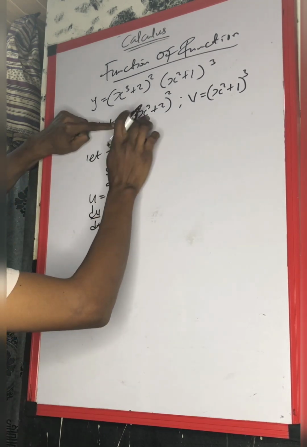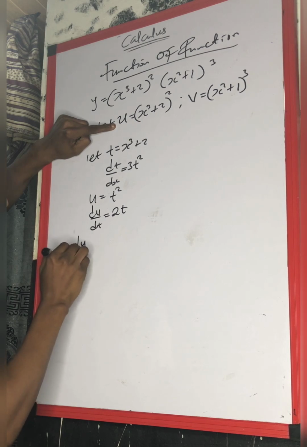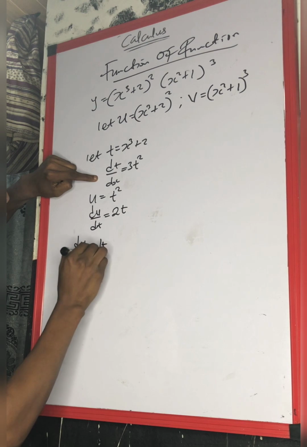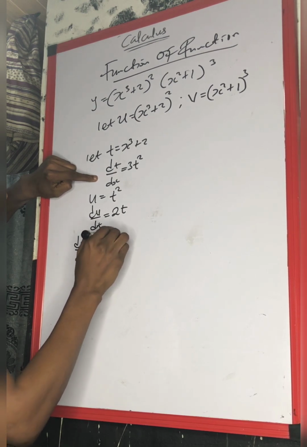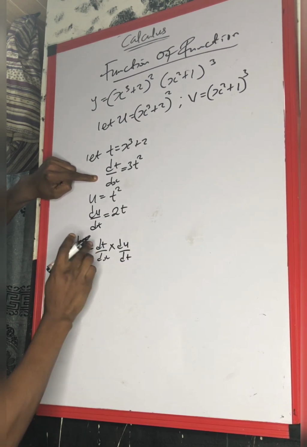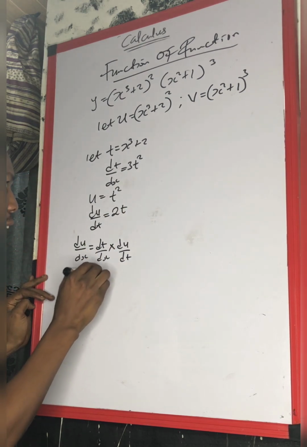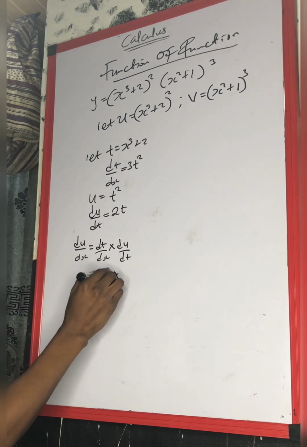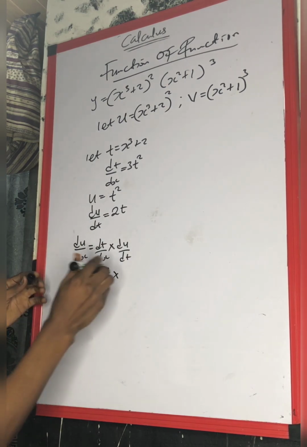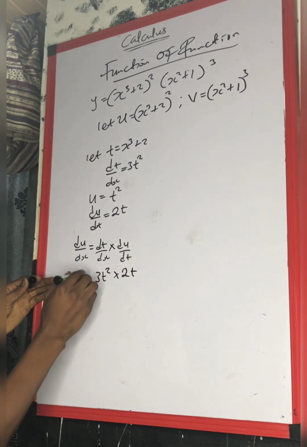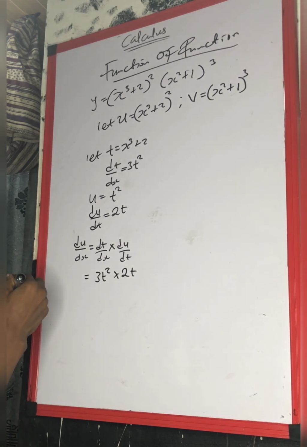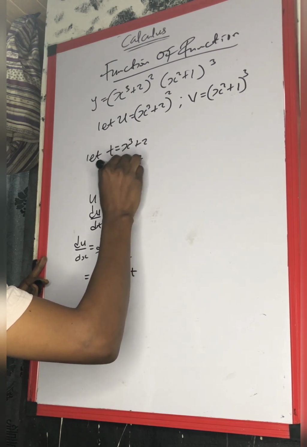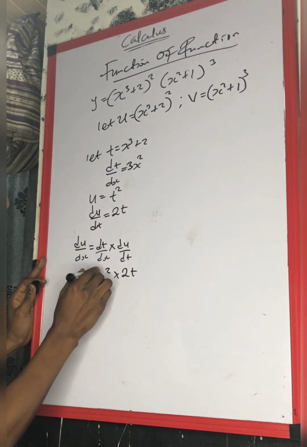Now to get du/ds, it is to multiply these two, dt/ds, then times du/dt. And dt/ds is 3s squared, then times du/dt, which is 2t.